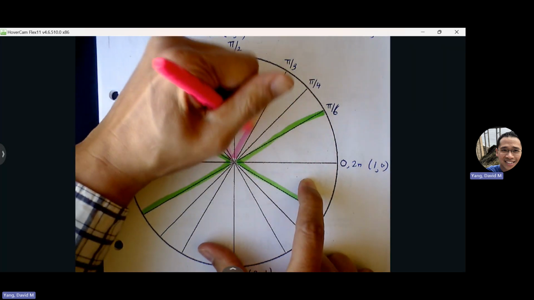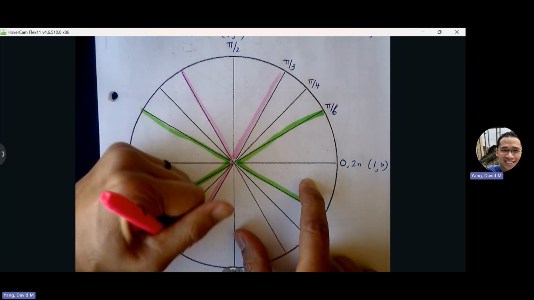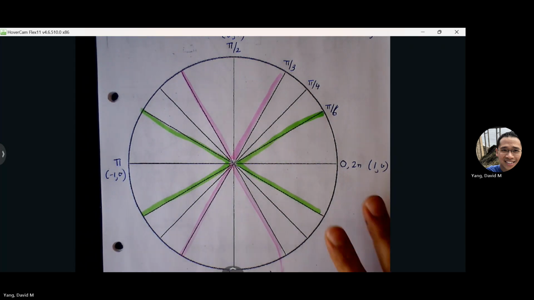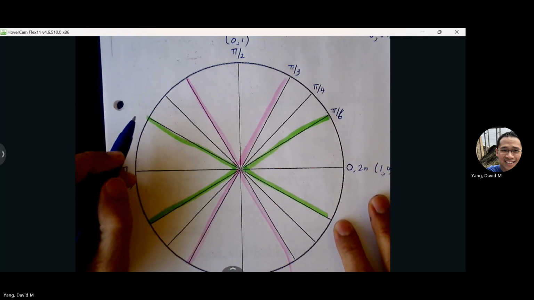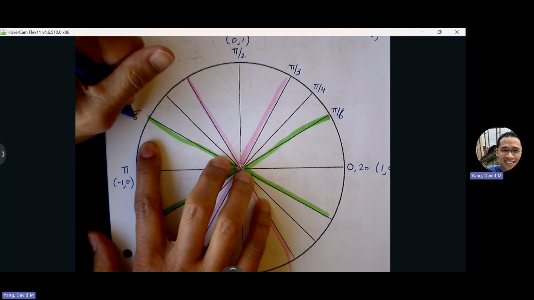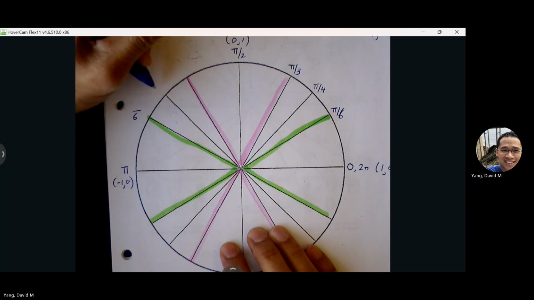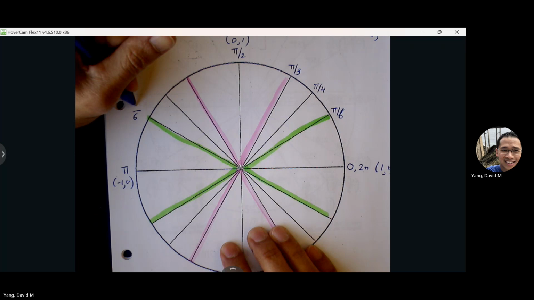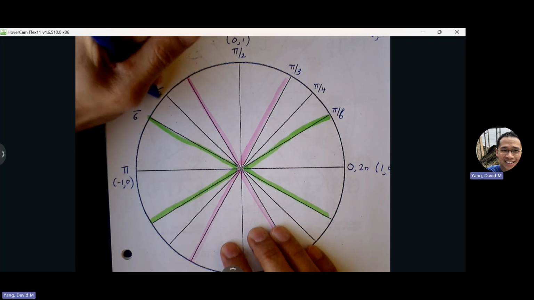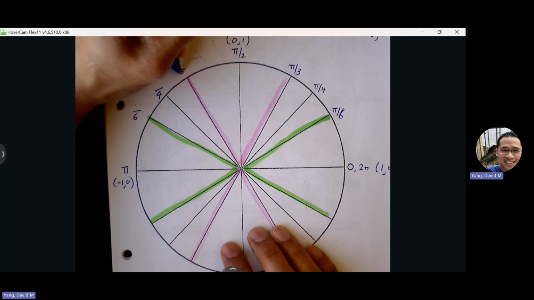So I'm going to highlight all the ones that are related. So we know that this is going to be something over 6. We know this is something over 4. We know this is something over 3.